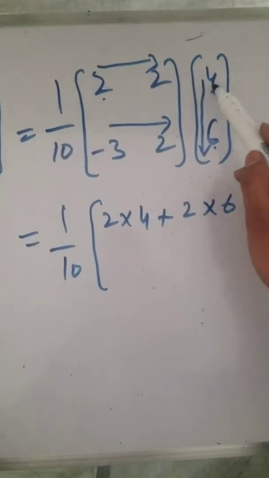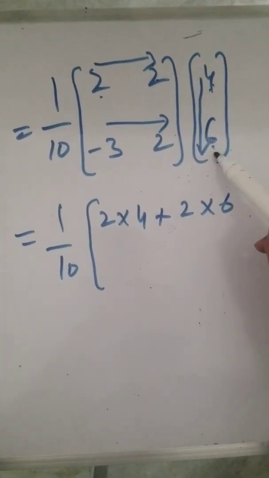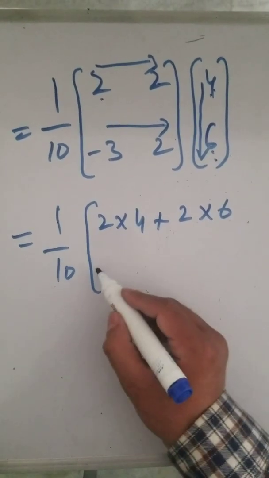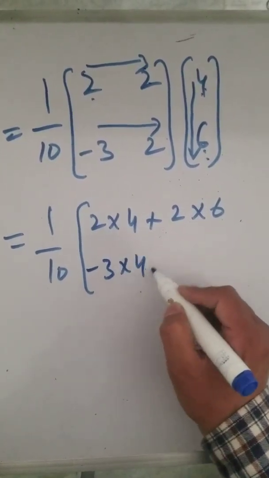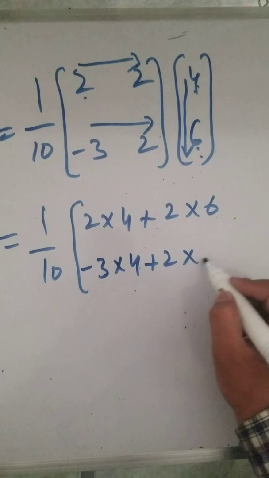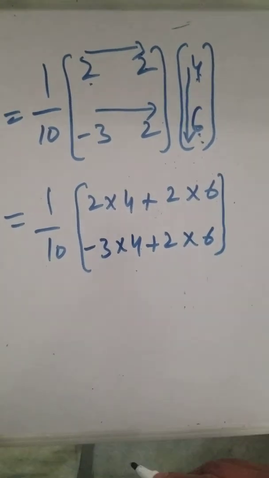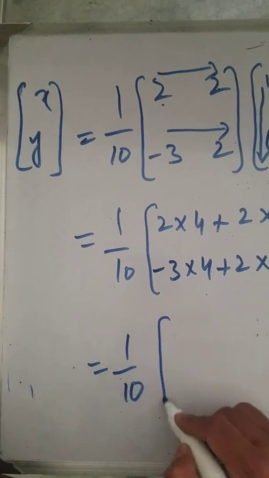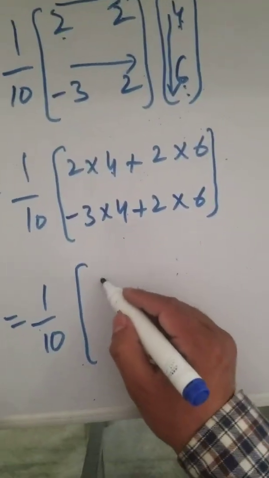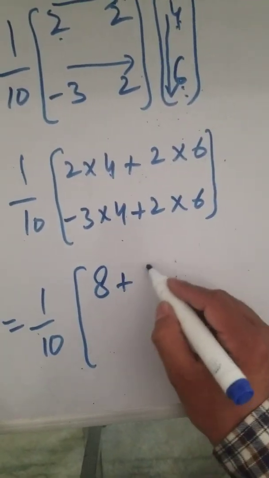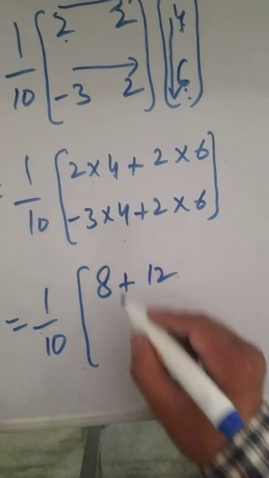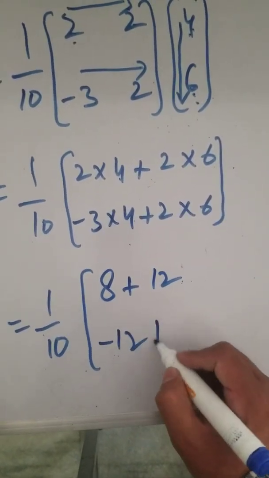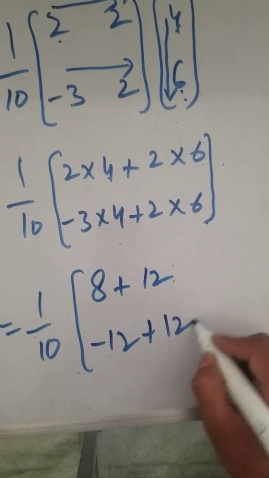That's why 2 multiplied by 4 and 2 multiplied by 6. And similarly, minus 3 multiplied by 4 plus 2 multiplied by 6. Now in the next step, 2 multiplied by 4 is 8, 2 multiplied by 6 is 12, minus 3 multiplied by 4 is minus 12, and 2 multiplied by 6 is 12.